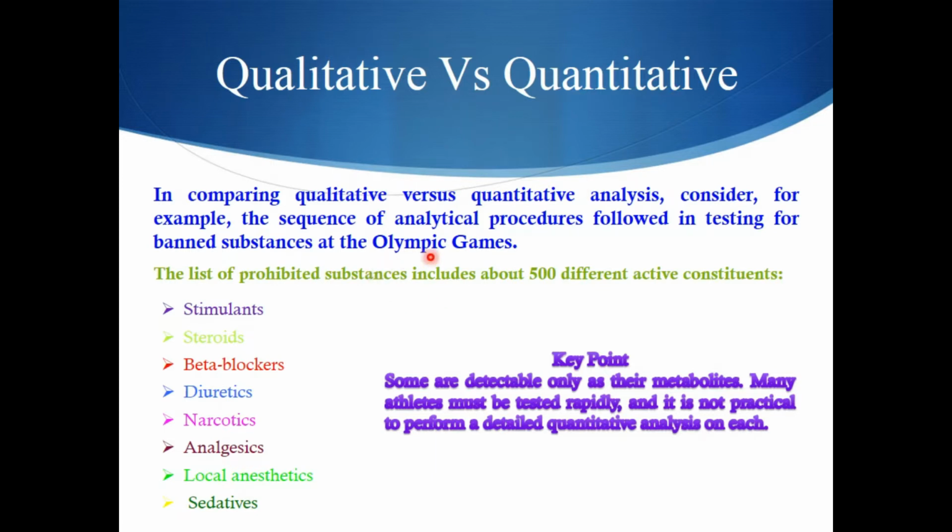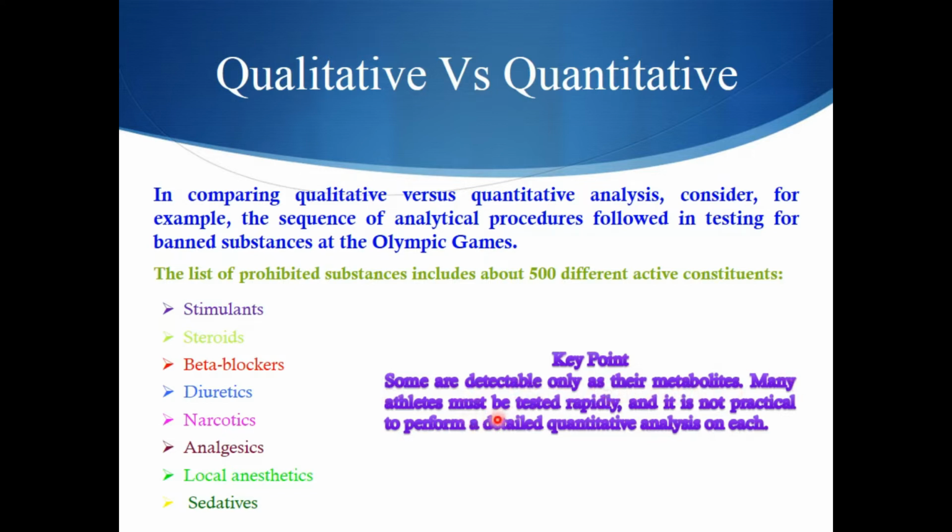In the Olympic Games, the list of prohibited substances includes about 500 different active constituents. They include stimulants, steroids, beta blockers, diuretics, narcotics, analgesics, local anesthetics, and sedatives. But the key point is that some of these substances are detectable only as their metabolites.